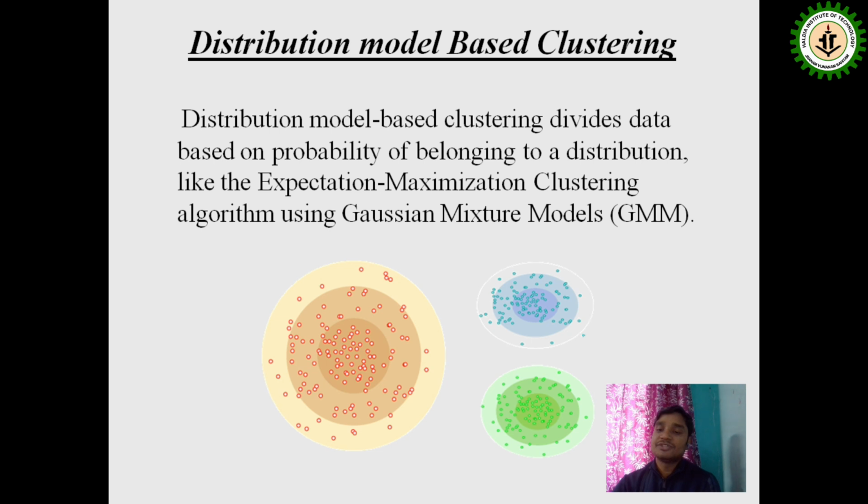The grouping is done by assuming some distribution, commonly the Gaussian mixture model. So distribution model based clustering divides data based on probability and belonging to a distribution, like the expectation maximization clustering algorithm, which uses a Gaussian mixture model.